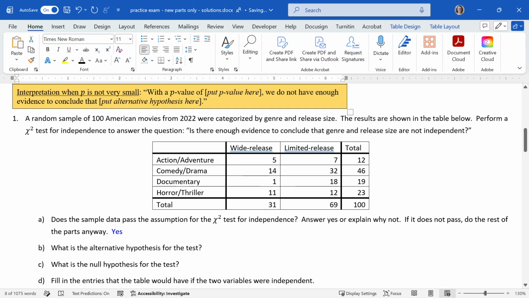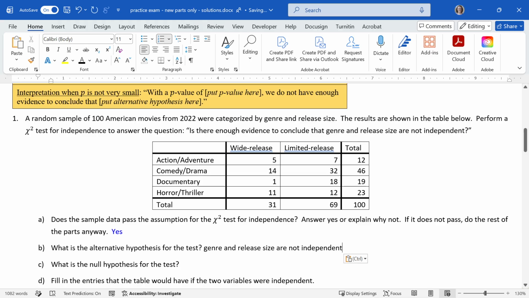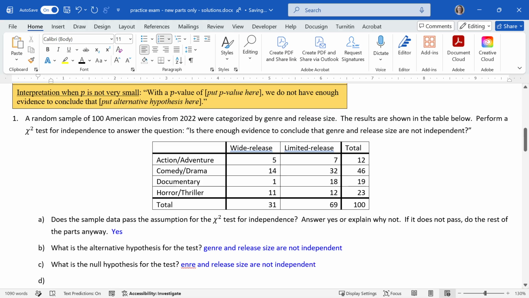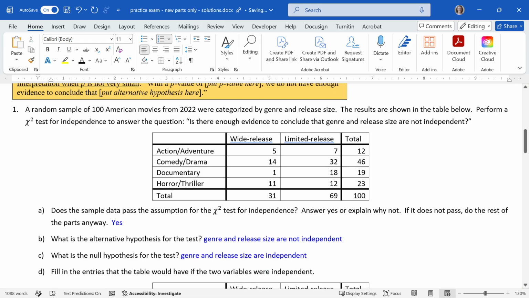In terms of this exact question, it is that genre and release size are not independent. So I'm just going to paste that. Genre and release size are not independent. Then your null hypothesis is always the opposite of your alternative, so that they are independent.